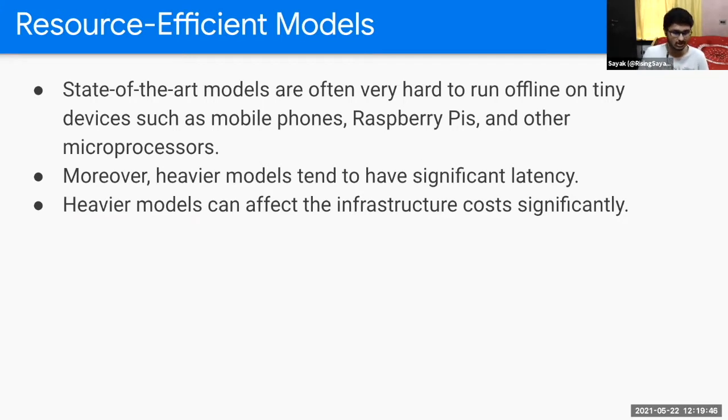And also Switch Transformers, which has trillions of parameters inside it. And it's not very cost effective to host these models in a remote capacity and run any prediction payload around them.